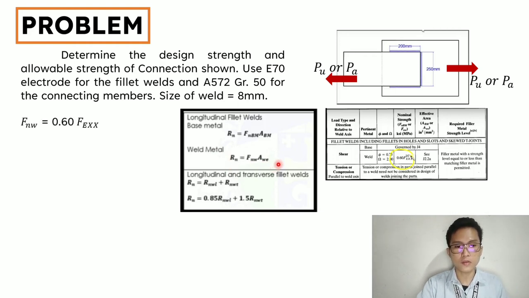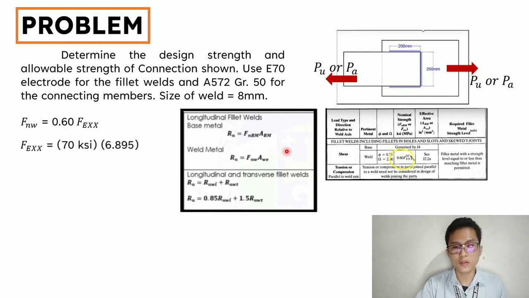So for F sub NW, from the equation which is R sub N is equal to F sub NW multiplied by A sub WE. So the F sub NW is equal to 0.60 multiplied by F sub EXX as shown in this table. It is the value of F sub NW.